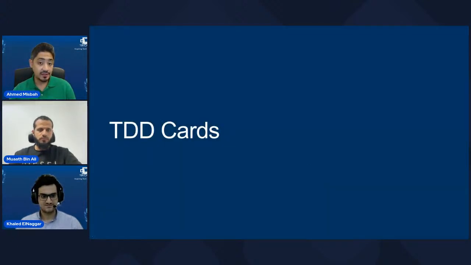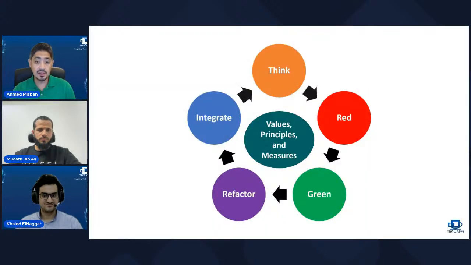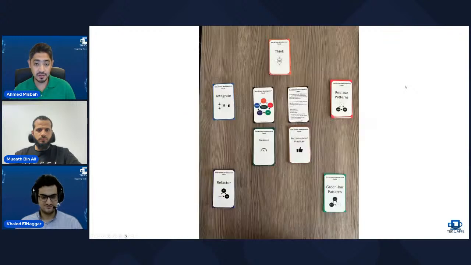We also have this Agile tool called the TDD cards. These are cards that basically explain the practices under each of the circles in Tek Cafe's TDD circle. This is a picture of the card deck. So it's got 50 plus cards.